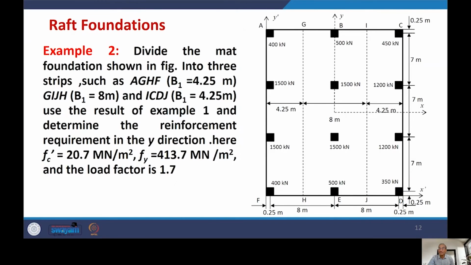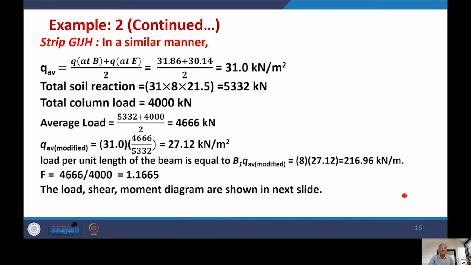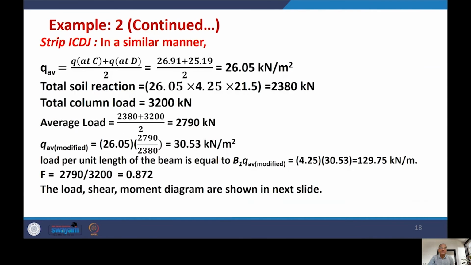This is your C and this is the D. Once you have this C and D, dividing by 2 will give you the value of the Q average. And this average should be multiplied with the width and length of the strip. So you end up with 2380 kilonewton. And the total load coming on the strip is 3200 kilonewton, which is higher than the total soil reaction.